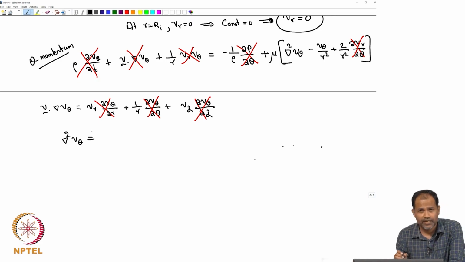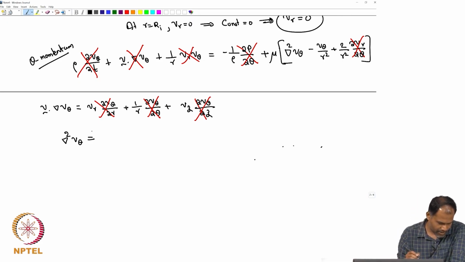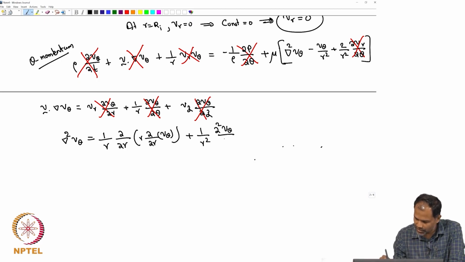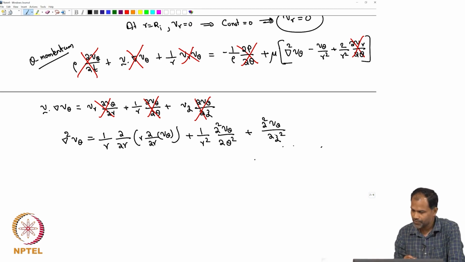Again I look at the standard textbooks for the equation of the Laplacian in the cylindrical coordinate system, and I find that it is equal to 1 over r del by del r of r del by del r of v theta, plus 1 over r square del square v theta by del theta square, plus del square v theta by del z square.